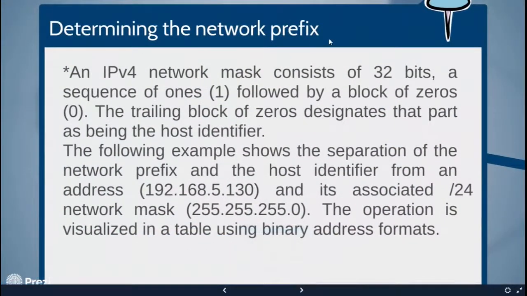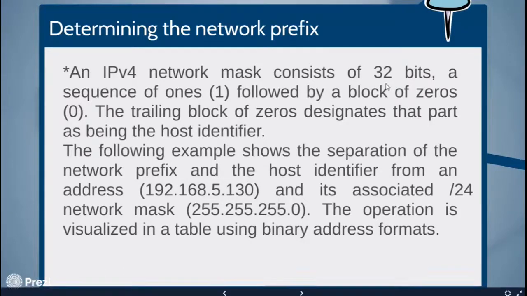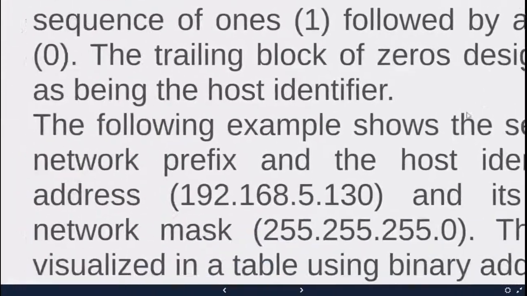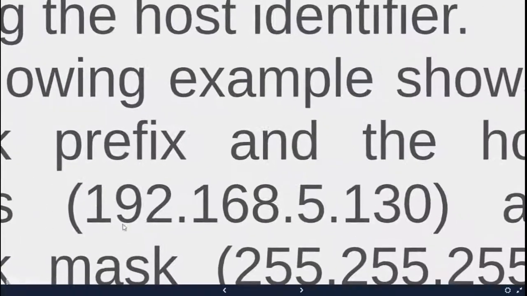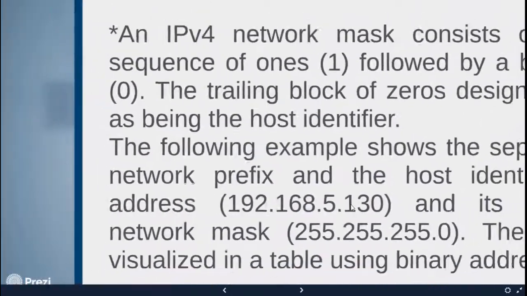So, determining the network prefix. Okay, an IPv4 network mask consists of 32 bits, because there's 8-8-8-8. Okay, that's why you have 4 octets. So let's say, for example, 192.168.5.130. 192 is one octet, another octet is 168, another octet is 5, another octet is 130.